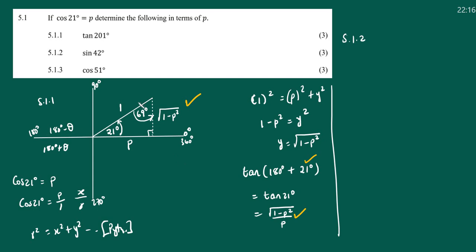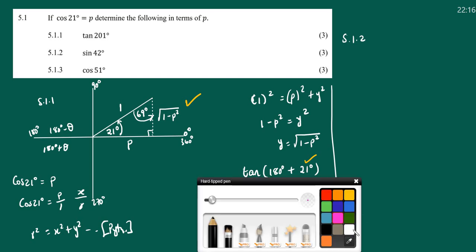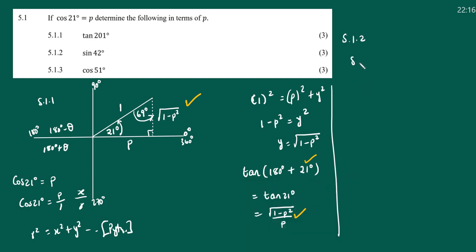As you can see, when you say 21 degrees times 2, what do you get? You get 42. So it means it's a double angle of 21. If it's like that, do not stress yourself. Quickly write it to say sine 42 degrees can be written as sine 2 into 21.